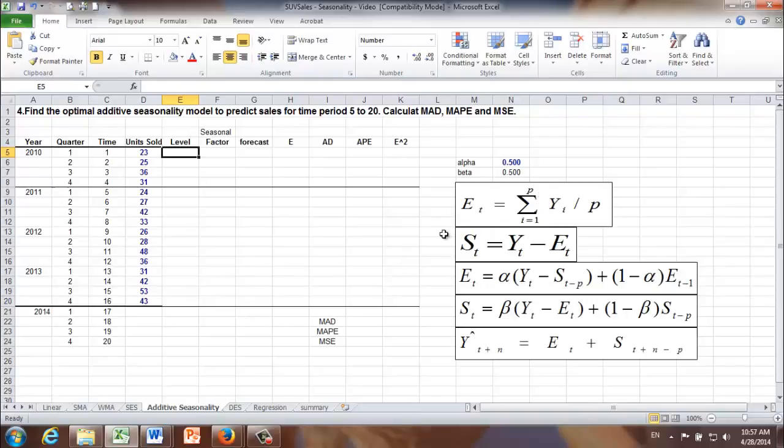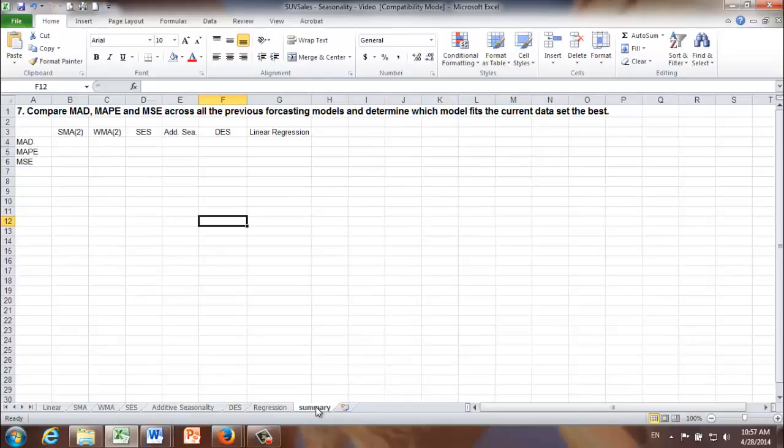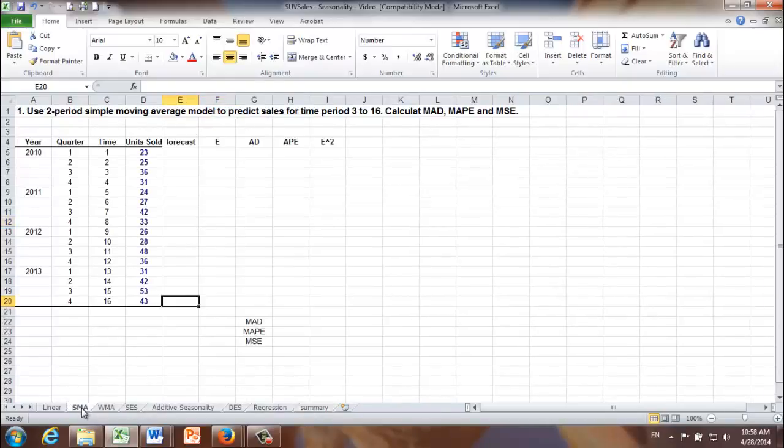And you see over here, I have all the formulas typed here. In the end, I have a summary table in order to compare all those 6 forecasting methods mentioned in question 1 to question 6. Okay, let's look at the first one, simple moving average.